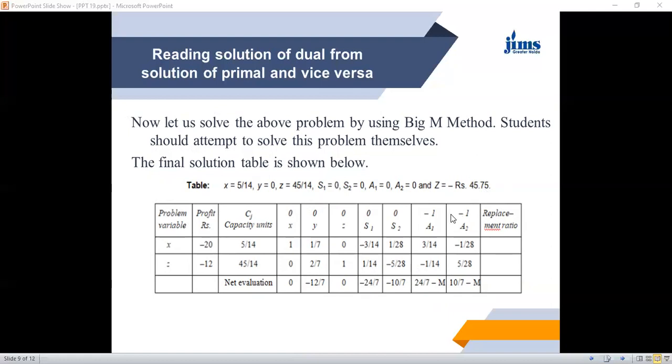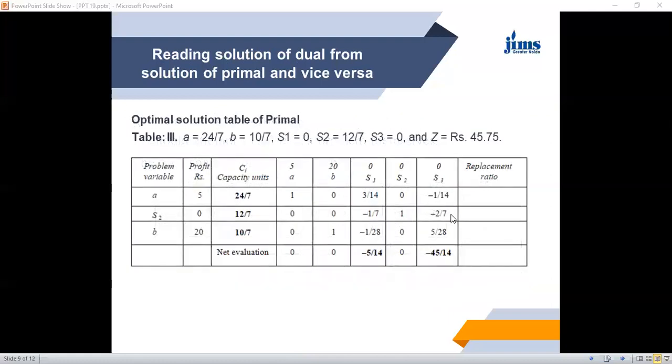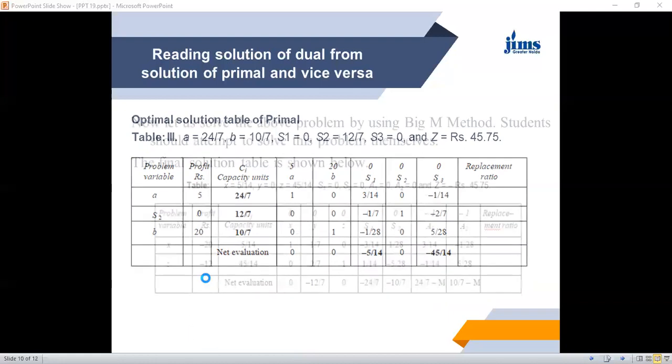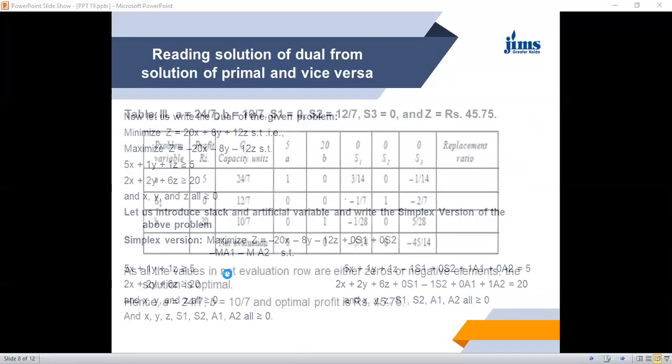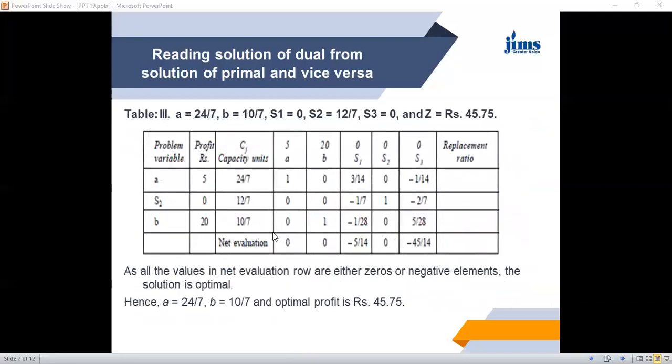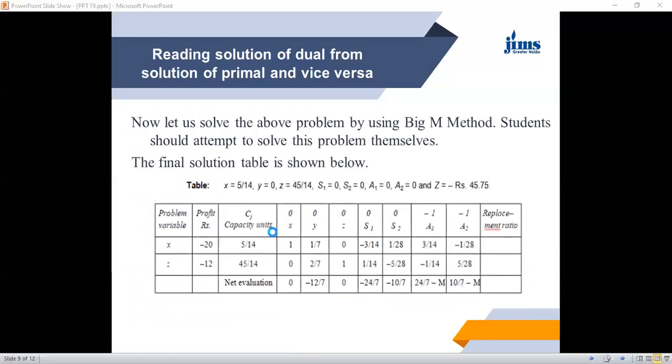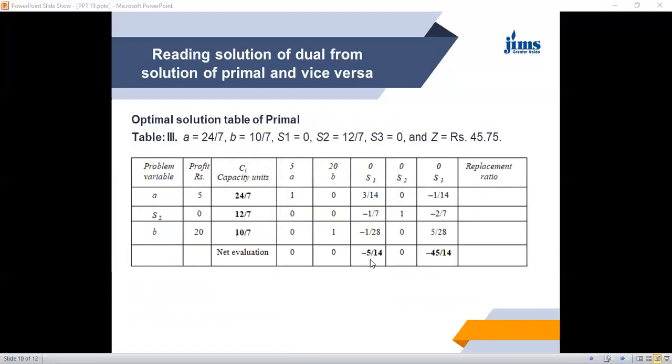But what I wanted to tell you is, how can we read the solution of primal from the dual? So I have reproduced the primal solution in this table. You see, this is the primal. So what was the value here? S1 was equal to minus 5 by 14, S2 was 0, and S3 is equal to minus 45 by 14.